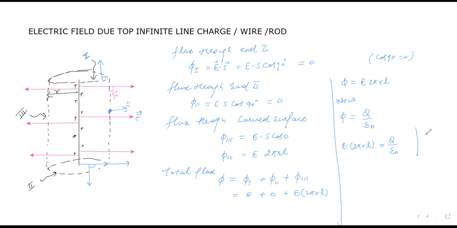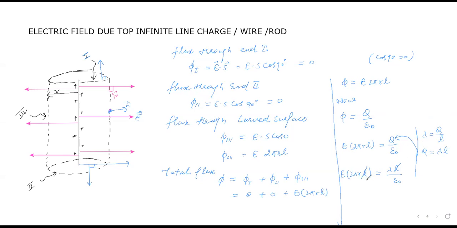And now we have lambda is equal to Q over L, or Q is equal to lambda into L. Put this value in place of Q. It will be E into 2 pi RL is equal to lambda into L over epsilon naught.